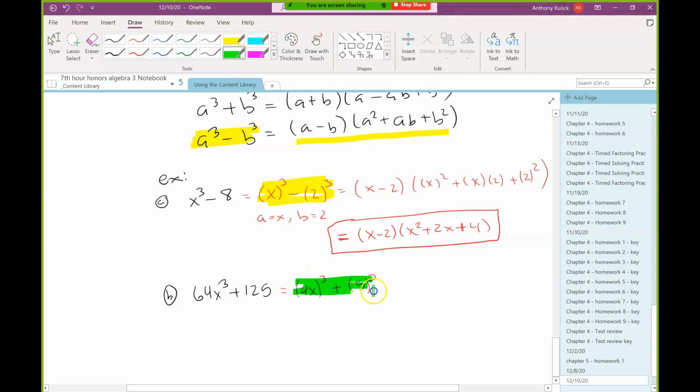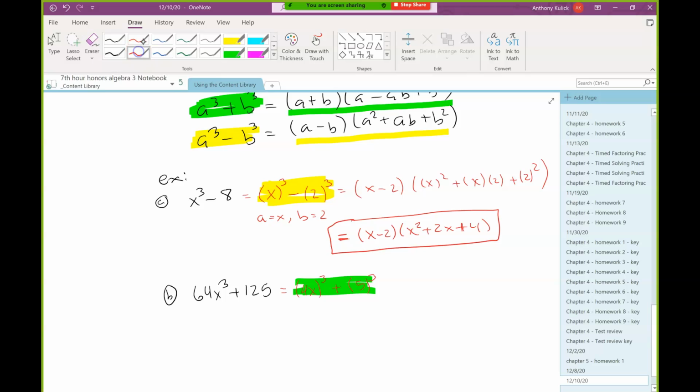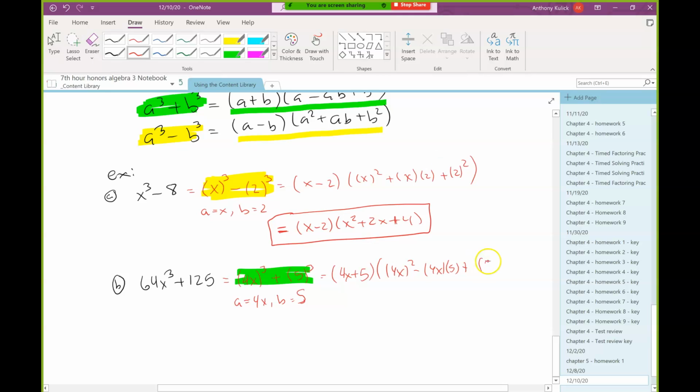So if I look at this, this is now definitely in the form of our sum of two cubes. So I can just fill it into the formula where my a is 4x. So 4x plus 5 times 4x squared minus 4x times 5 plus 5 squared.